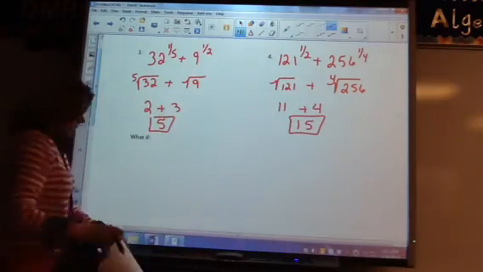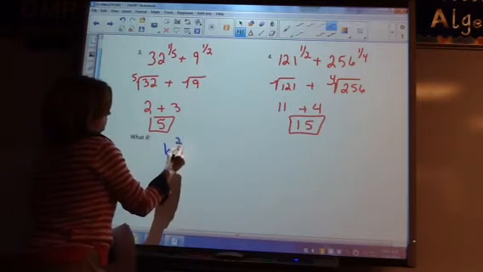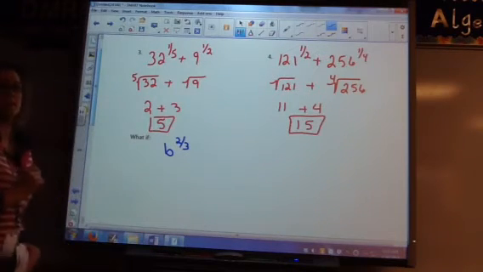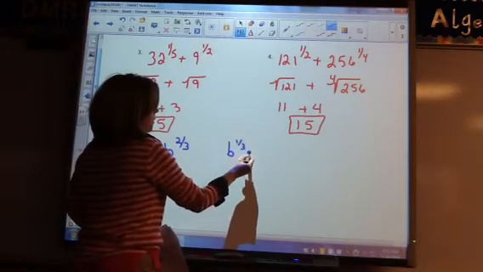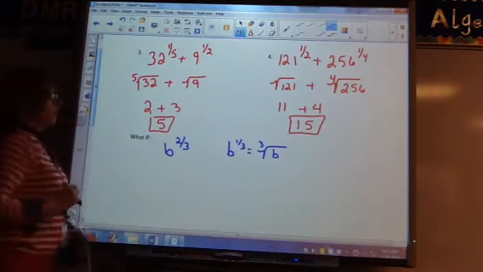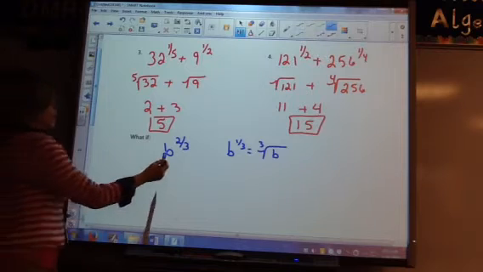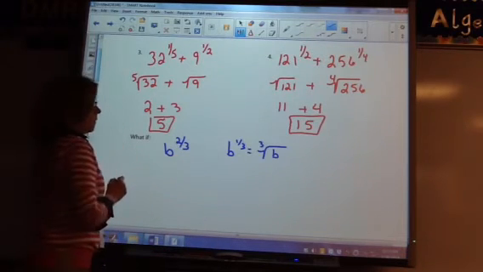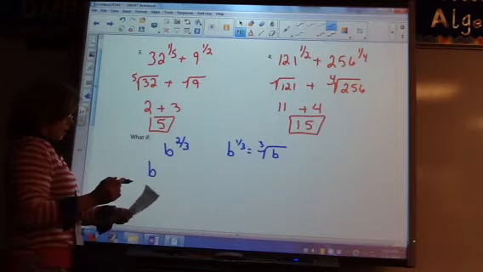All right, what if we have something like this? Now, we know that b to the 1/3 is the cubic root of b. What do y'all see different here? You see that we have 2/3 instead of 1/3, okay? So there's two things we can do here.